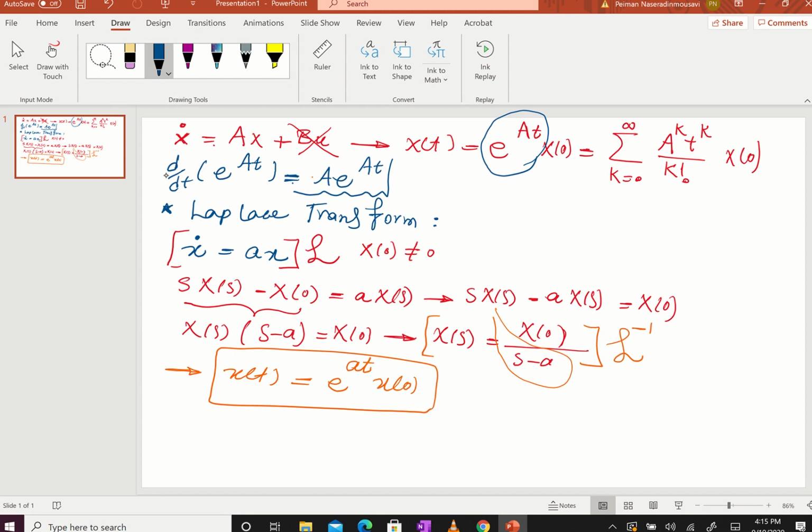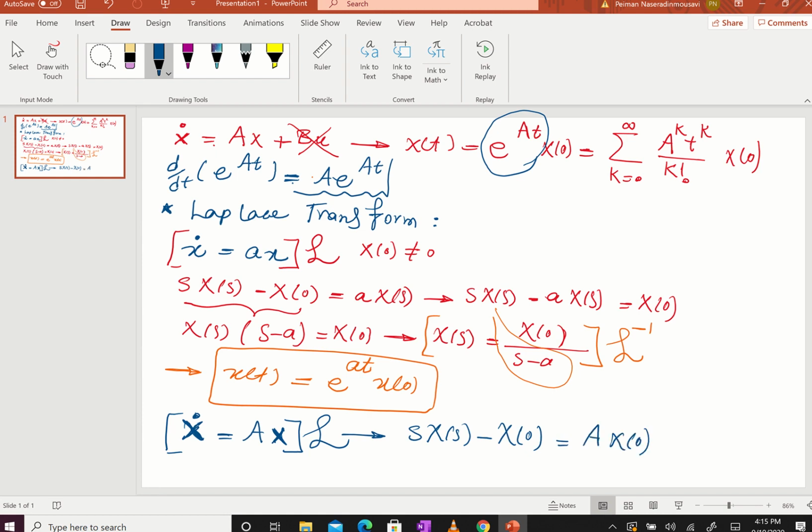So you're going to have x dot equals A x, the homogeneous state space for LTI systems. Again, we apply the Laplace transform, and what we get is s X(s) minus x at time 0, because these are the state variables, that's right, these state variable vectors, equals A X(s).